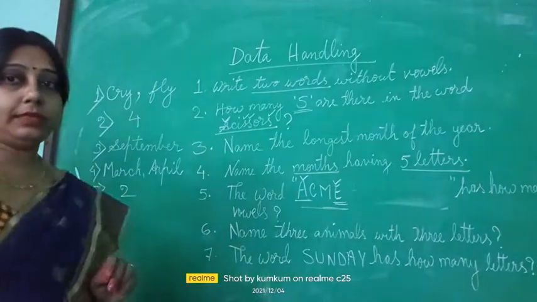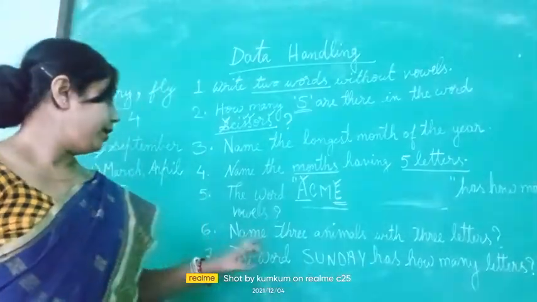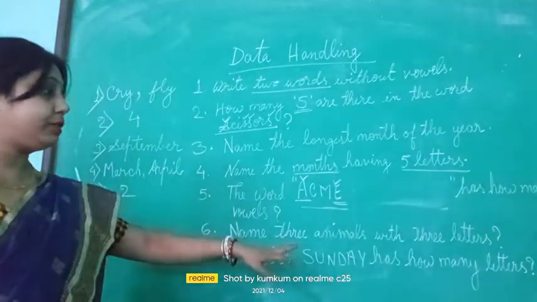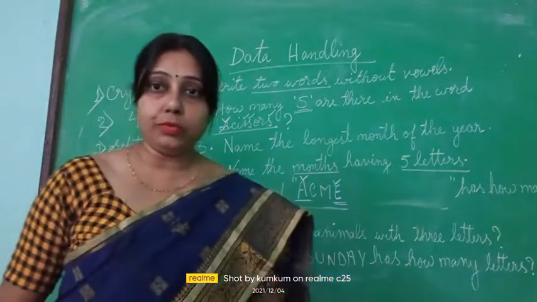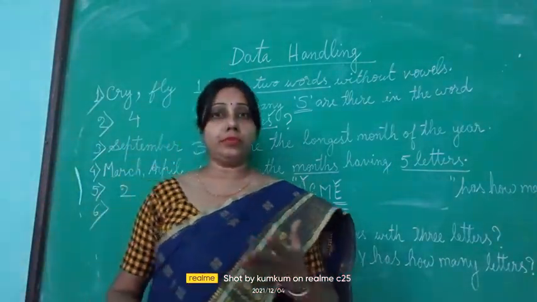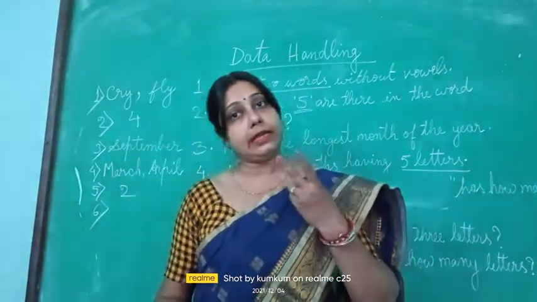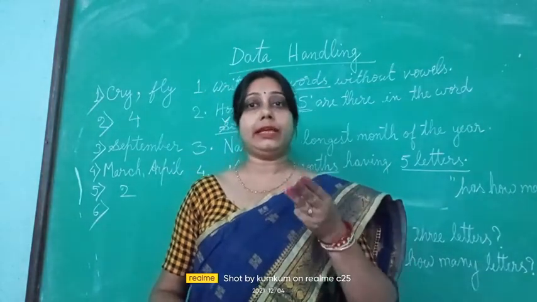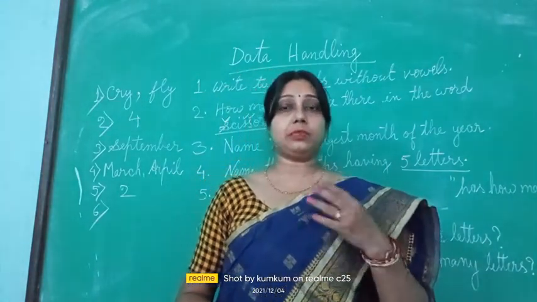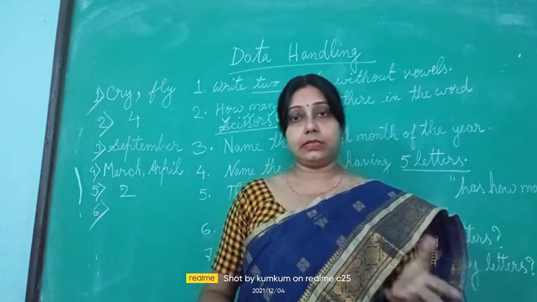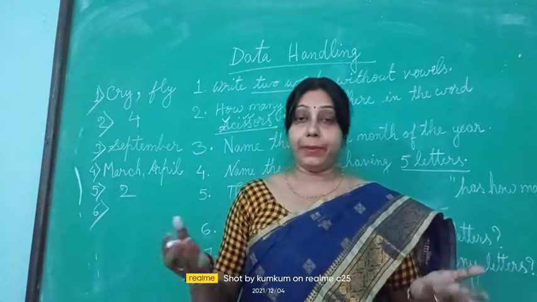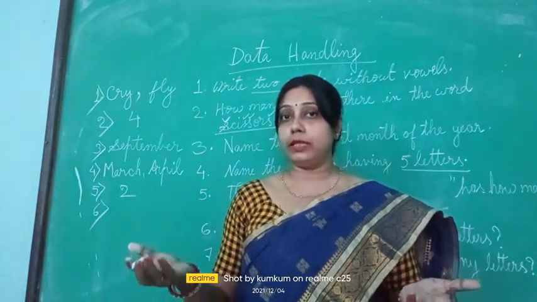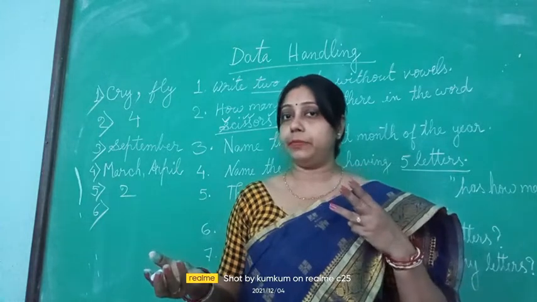Now, next question. Name 3 animals with 3 letters. You have to tell the names of any 3 animals with 3 letters. Names having spellings with 3 letters. See, very easy. The pet animals at your home, they only have 3-letter names.